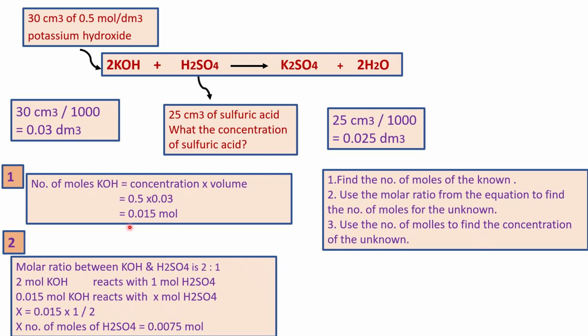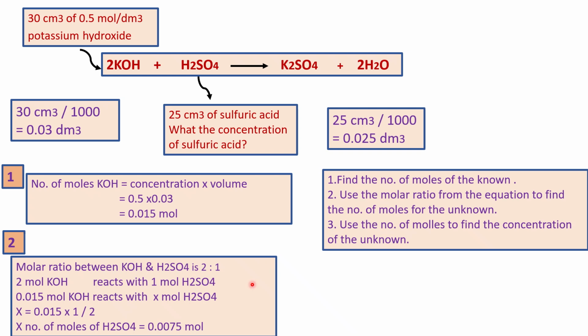The number of moles which I found, 0.015 mole KOH, reacts with X. X is the unknown moles of sulfuric acid. Cross multiplication: 0.15 times 1 divided by 2. And the answer is 0.0075 mole of sulfuric acid.